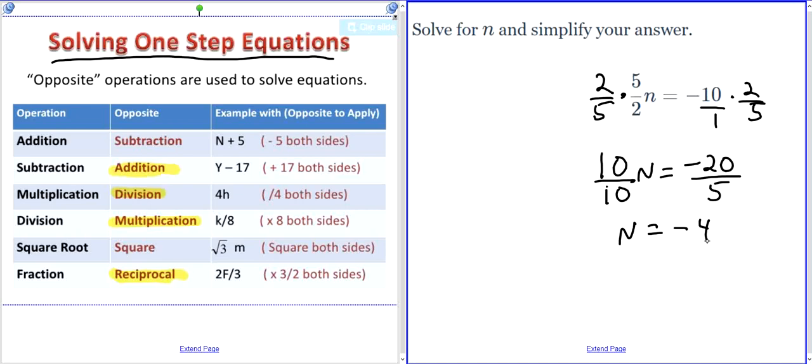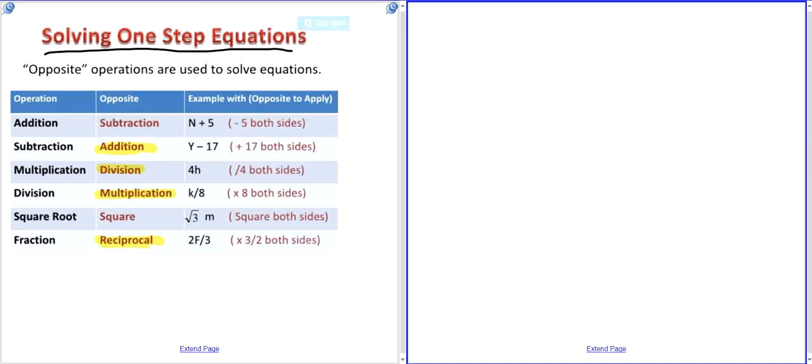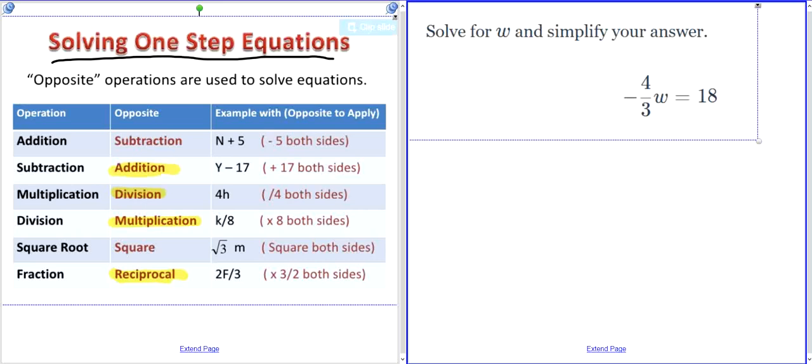All right, let's take a look at one more example. You got negative 4 over 3 times w is equal to 18. We're going to multiply by the reciprocal. Now, this negative, understand this. You could write this negative in 3 different ways.